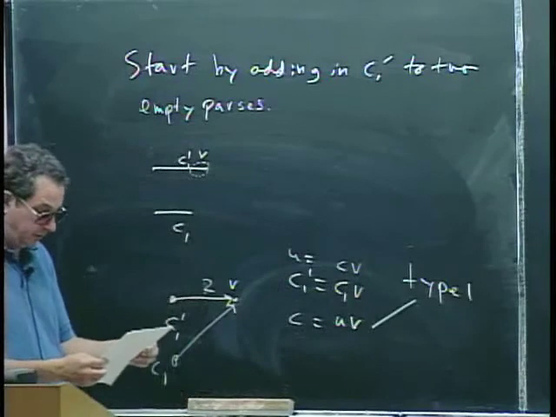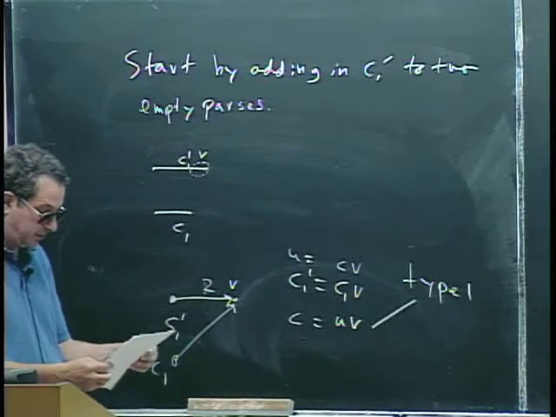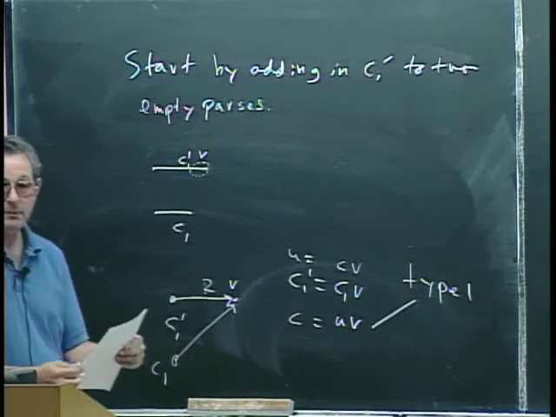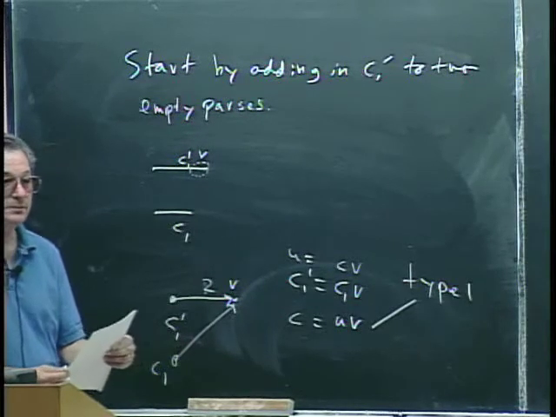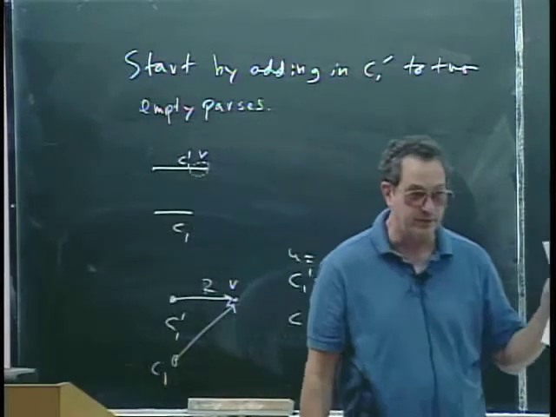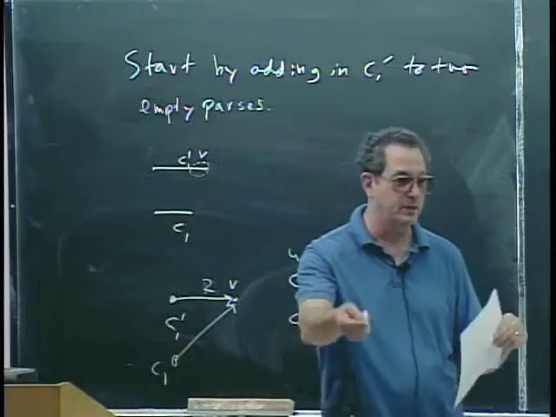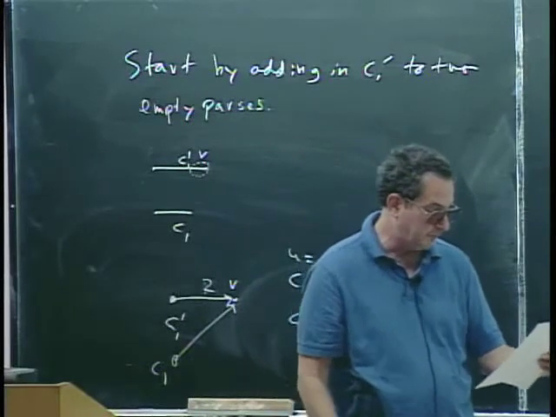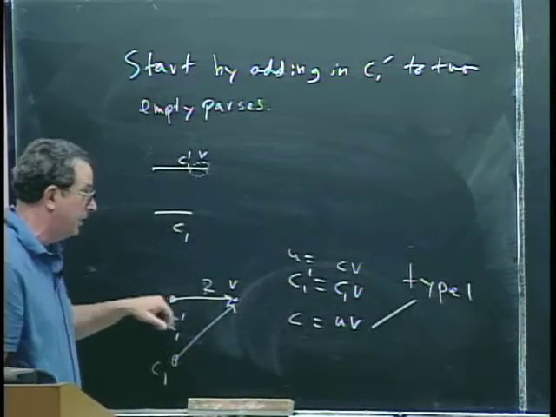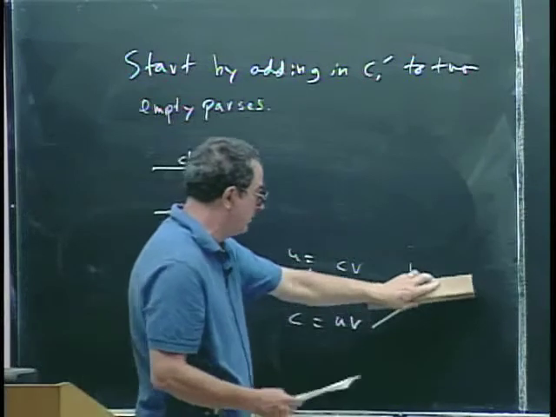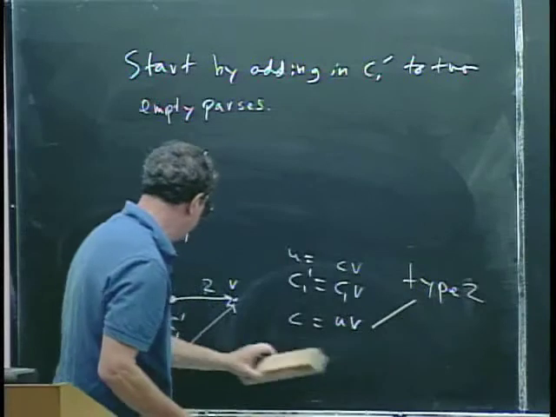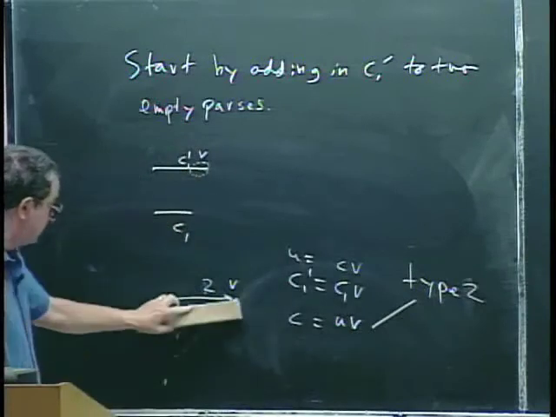Okay, so in my notes, I definitely want... Did anybody print out the notes? Okay, so in my hand, I know that I'm holding notes that are not the current ones, because I fixed an error before I posted it on the website. So definitely I know that I want to talk about a path that starts at C1 prime, and my notes say it's type 1, but we've just argued that it's type 2, and I hope that what I put on the web has it as a type 2.